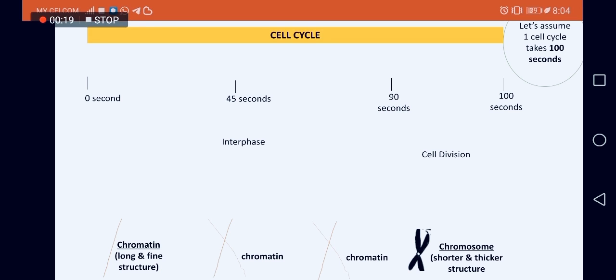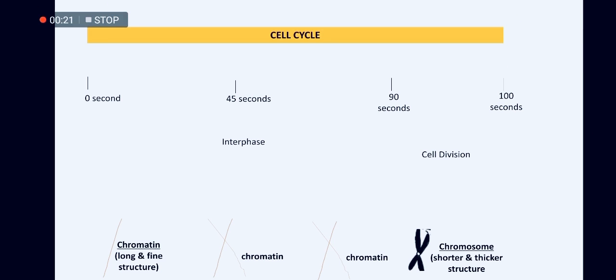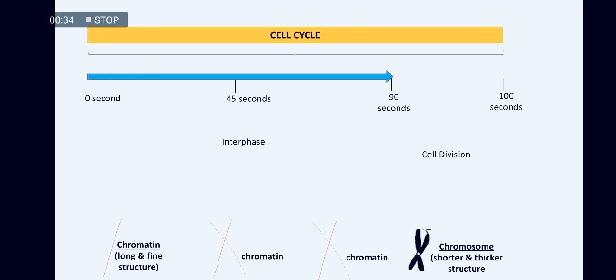When do we call this? Briefly, let's assume that every cell cycle takes around 100 seconds. For the first 90 seconds, the cell carries out interphase.